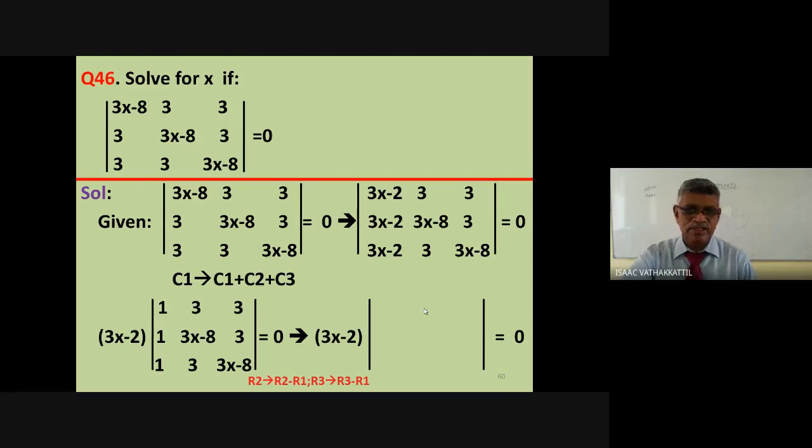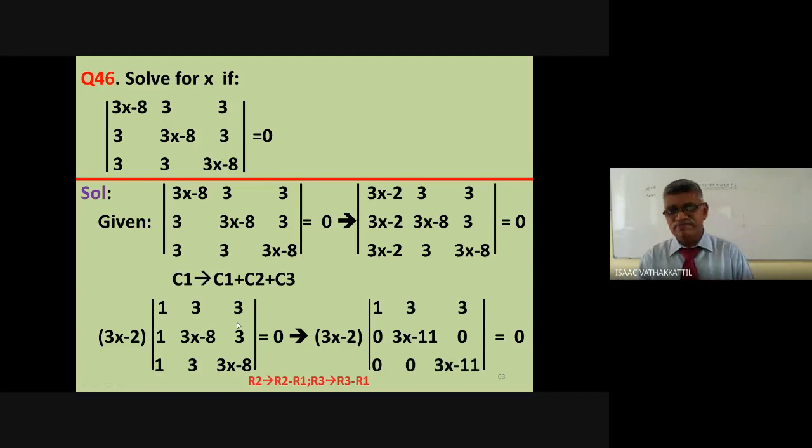So what will that be? R1 will be as it is. R2 will be 0, then 3x minus 8 minus 3, that is 3x minus 11, and 0. Further, 0, 0, 3x minus 11. Now from the second row and the third row, we take 3x minus 11 common out.